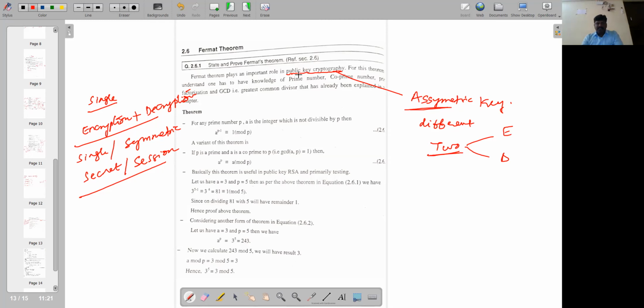So public key cryptography uses two numbers or two keys: one for encryption and the other for decryption. The Fermat theorem is mainly useful when we are using public key cryptography.